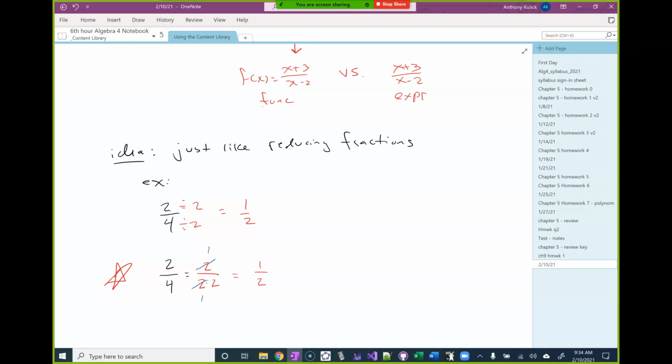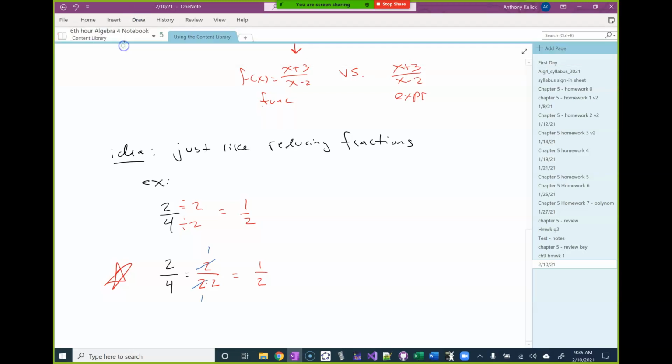We don't have to do the polynomial or synthetic division, which is always a pain. So this is the way we're going to think about things.